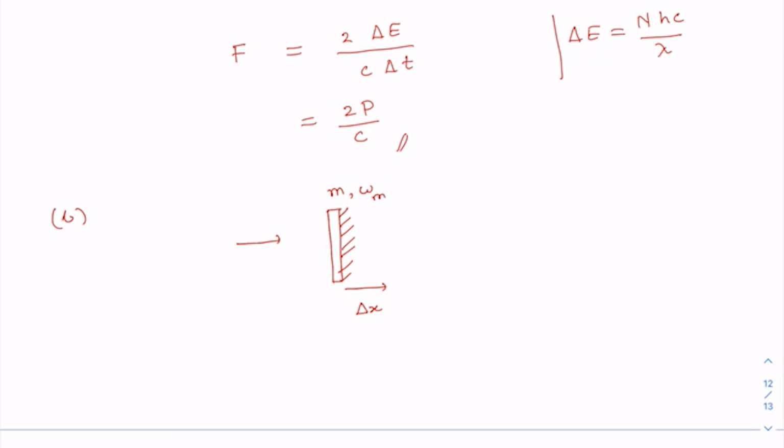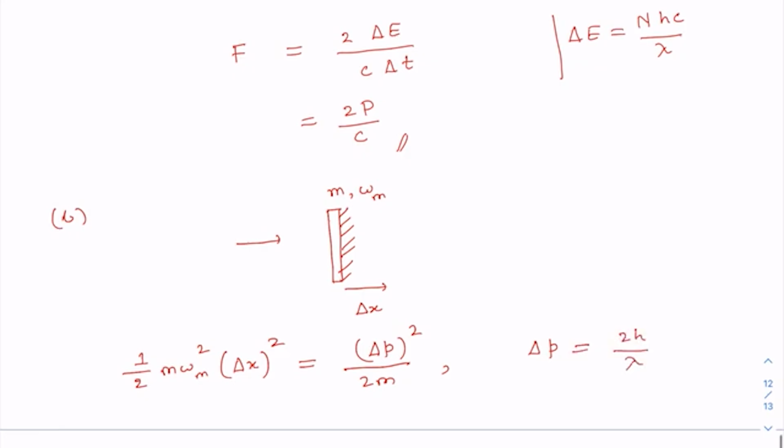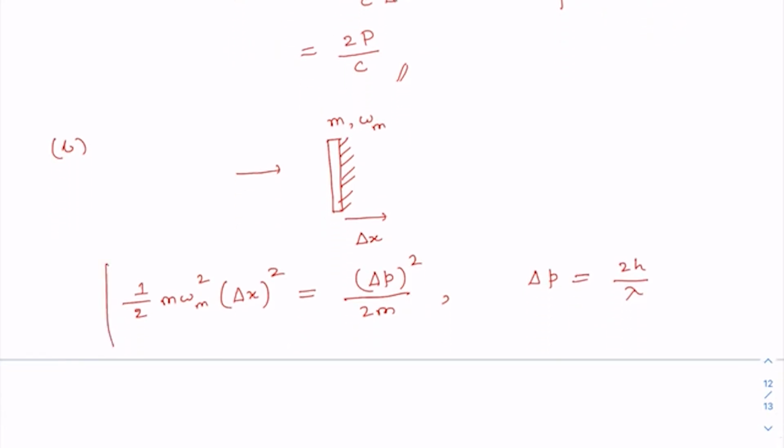So as per the conservation of energy principle, we will have half m omega m square delta x square, that is the potential energy of the mirror, and the kinetic energy would be delta p square by 2m, where delta p, we know that this is equal to 2h by lambda.